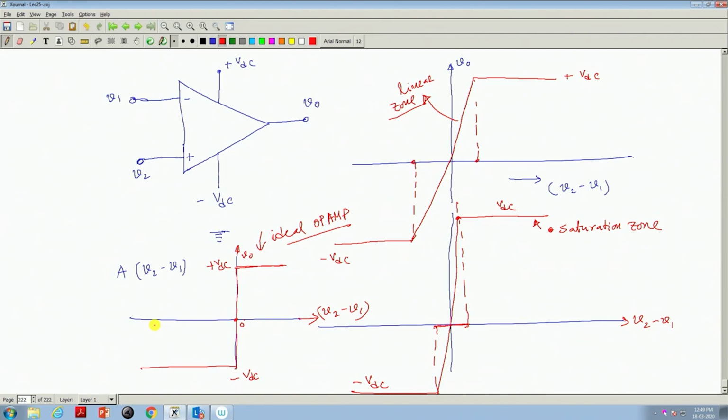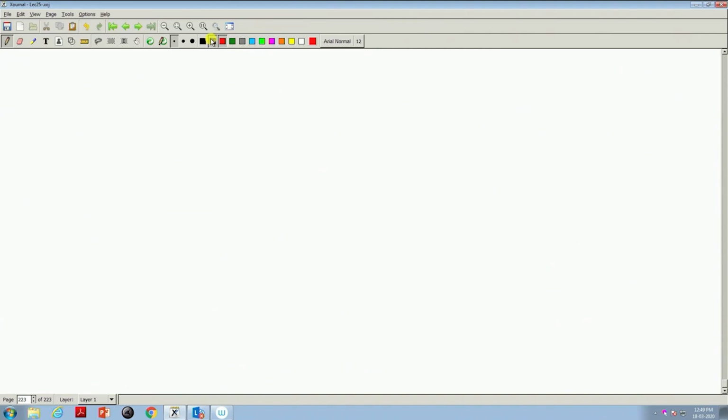So, op-amp ideal circuit, if you just use in this form, this circuit can be used as, for example, what I mean to say, suppose I have an op-amp circuit like this. This is your output.